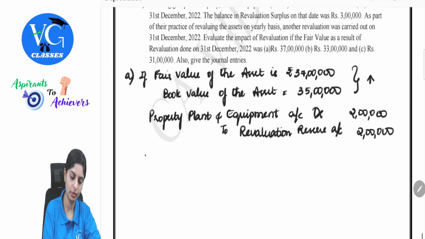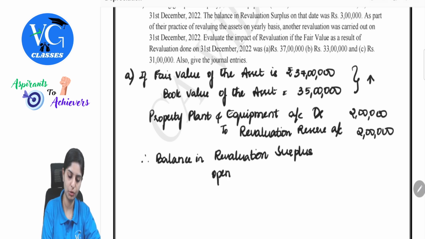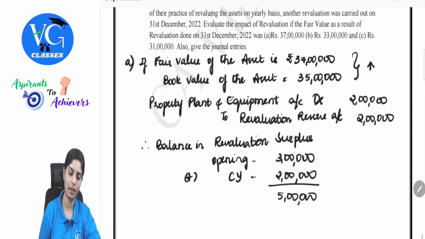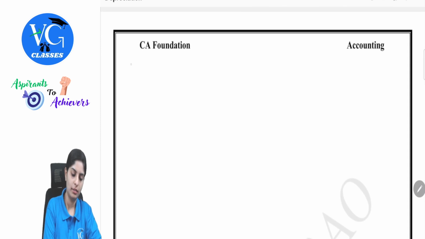So therefore, balance in revaluation surplus, opening was already 3 lakh plus current year 2 more lakh. So total will be 5 lakh.